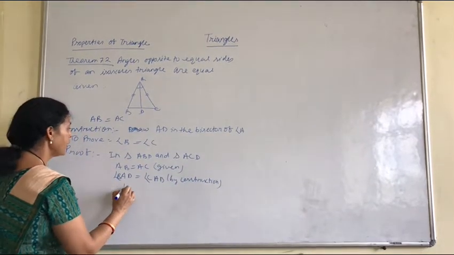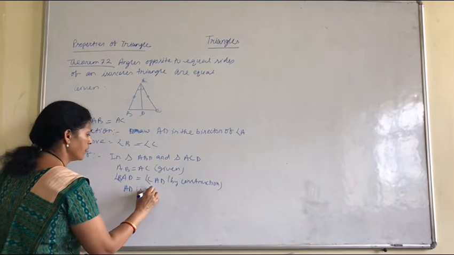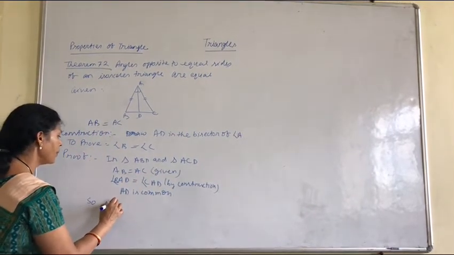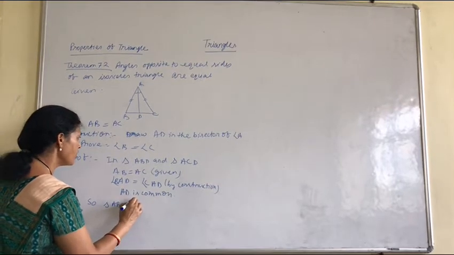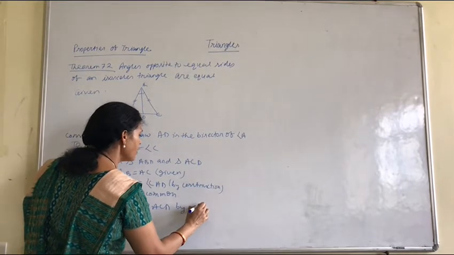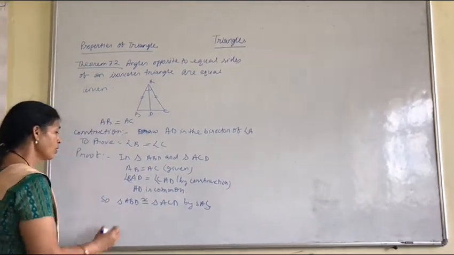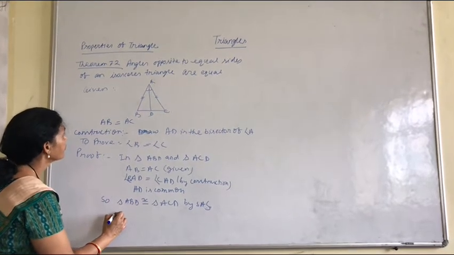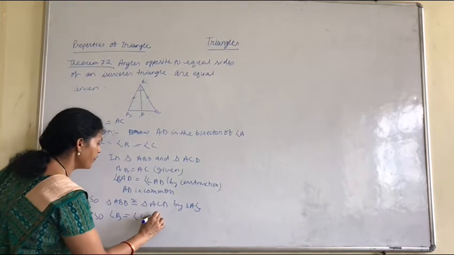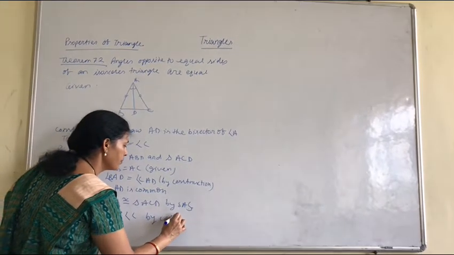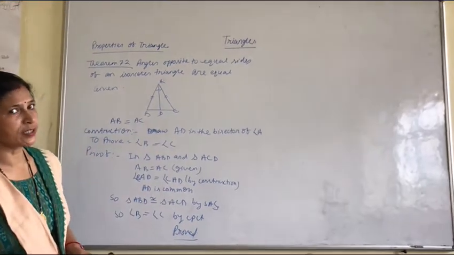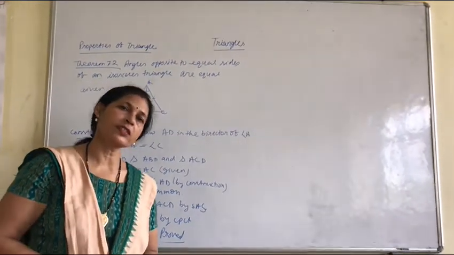Then AD is common. So triangle ABD is congruent to triangle ACD by SAS congruence condition. Angle B is equal to angle C by CPCT. CPCT means corresponding parts of congruent triangles.